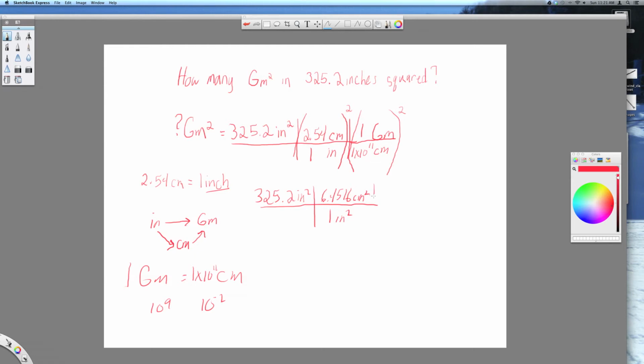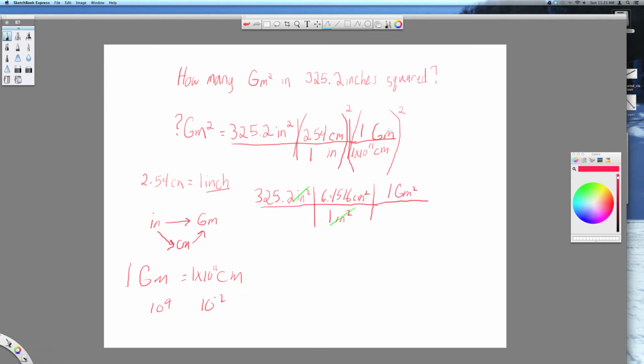Well, let's continue on, and we forgot to cancel. So inches squared goes away. Now what's going to go on the bottom? Well, let's let the dimensional analysis tell us. 1 gigameter squared and 1 times 10 to the 11th centimeters squared. How do we square exponents?